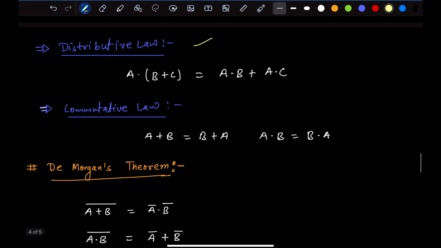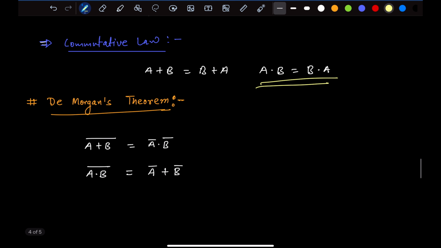And the commutative law: a plus b can be written as b plus a, and a dot b can be written as b dot a. There is no such rule as in vectors, where a cross b cannot be b cross a, but in Boolean algebra a dot b can be written as b dot a.